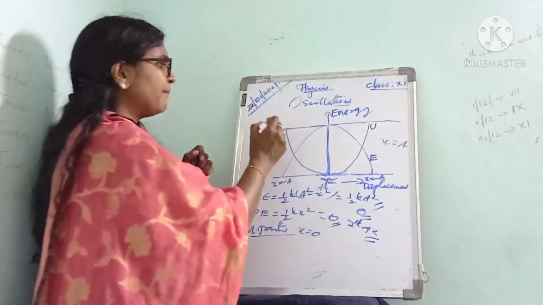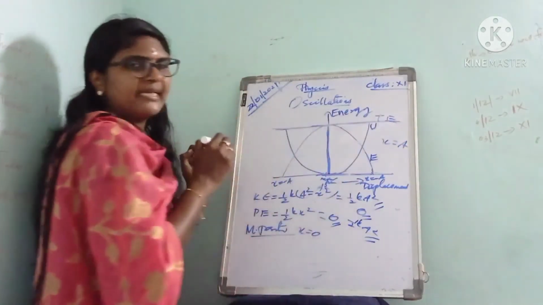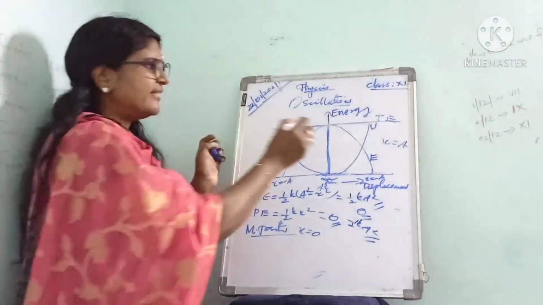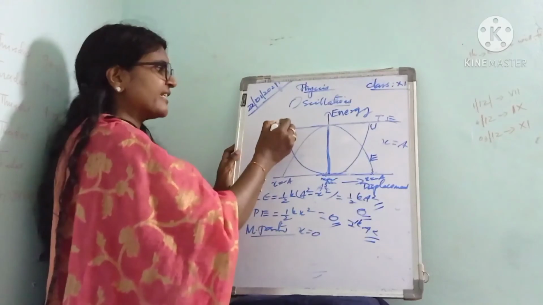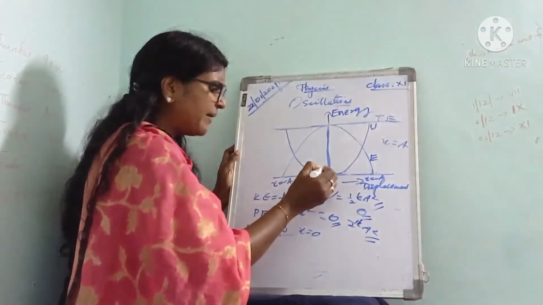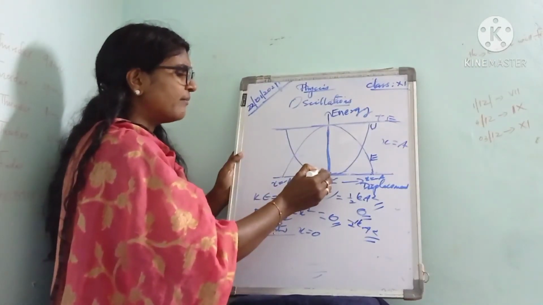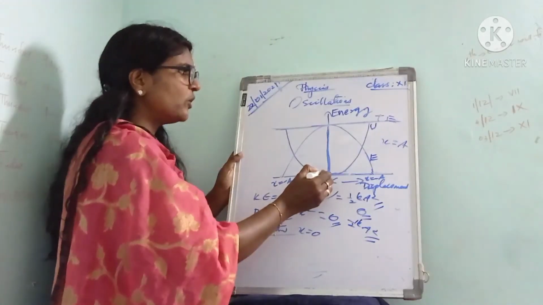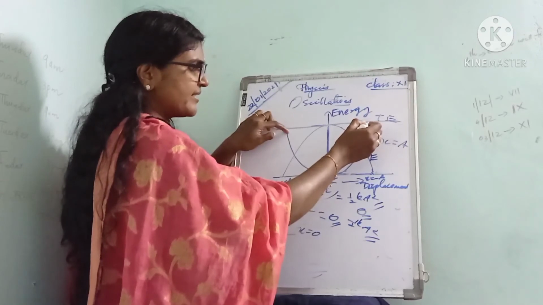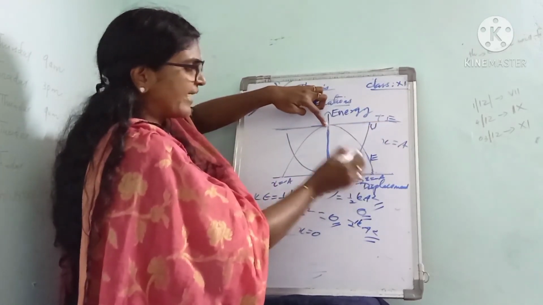But the total energy, this line represents the total energy, remains constant. This curve represents the variation of potential energy. At the mean position, the potential energy is 0, but at the extreme position, it has maximum potential energy. This other curve represents the graph of kinetic energy.